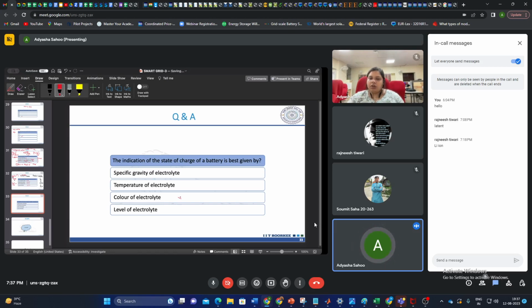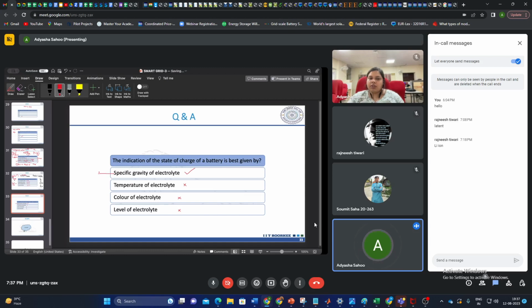Obviously, it won't be color. By the color, you can't say anything. The level of electrolyte will also not tell you. The temperature of the electrolyte may change due to various other reasons. So it will be the specific gravity.